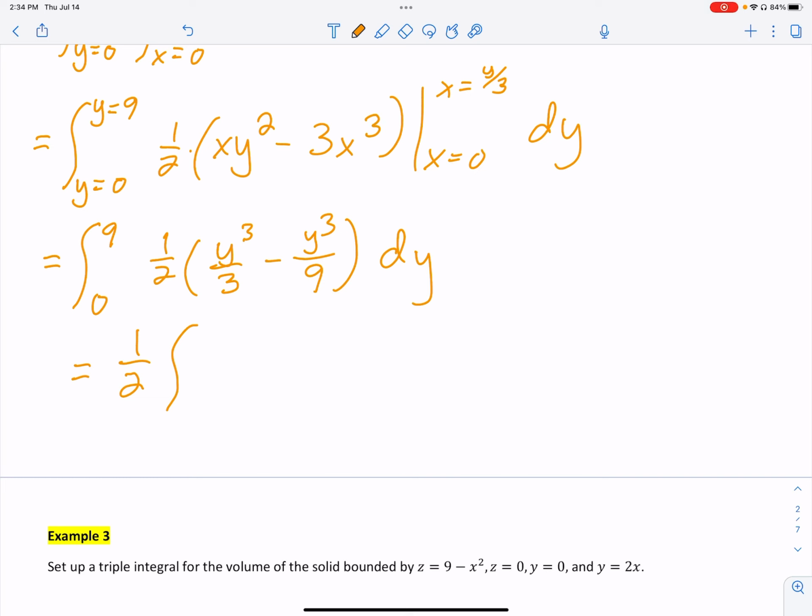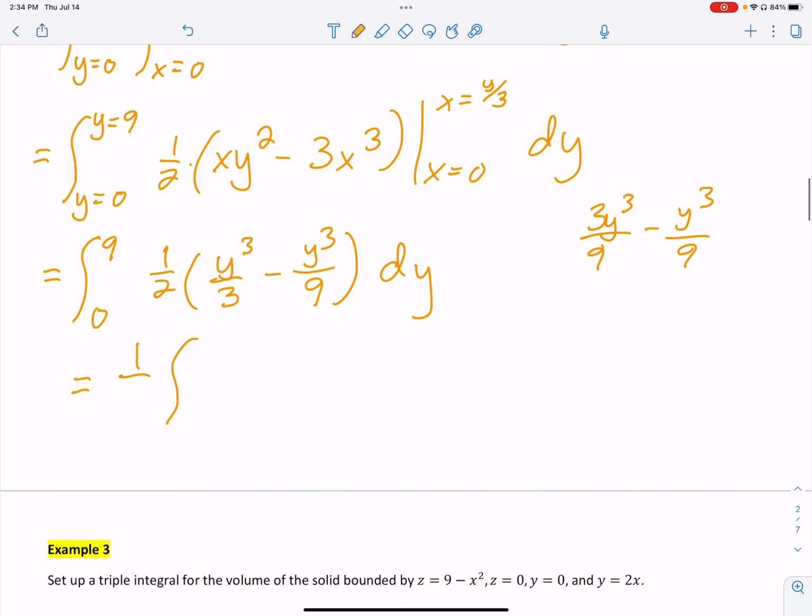So we get 3y cubed over 9 minus y cubed over 9. Notice I can pull the 9 out, which is going to make this an 18. And then 3y cubed minus 1y cubed is 2y cubed. I could really just pull that 2 out as well if I wanted to. All right, this is still ranging from 0 to 9, dy.